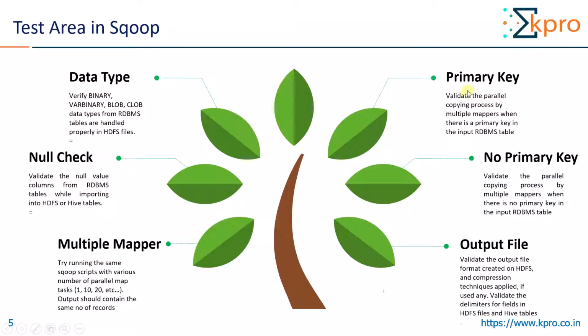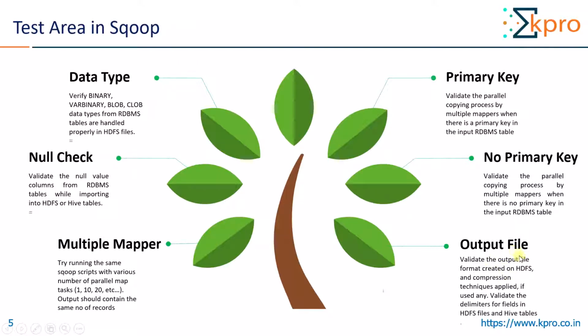So we need to verify the primary keys of the source system in the target system. If there is no primary key also, we have to verify the data in the target system.